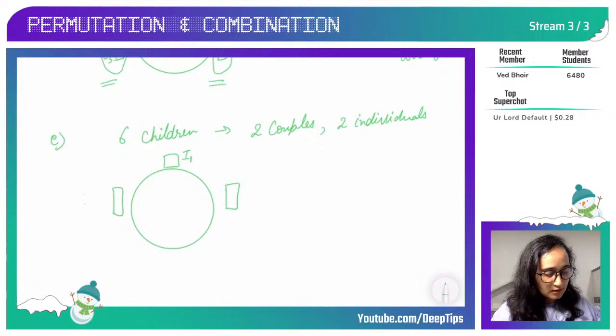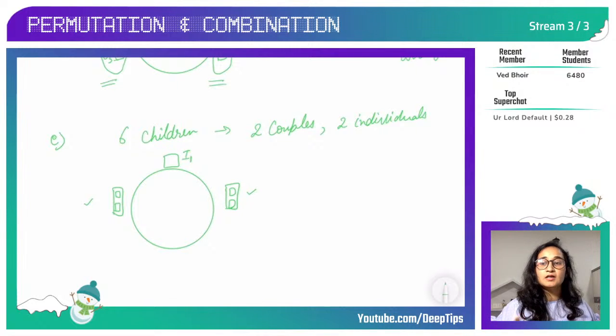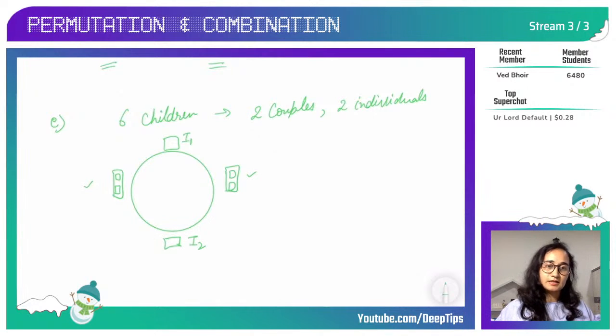So that means these two places are fixed for my couples, those who have come together. So I can put 2 chairs here for those 2 people, but I'll take them as a single entity. So my individual 2 will sit here, correct?